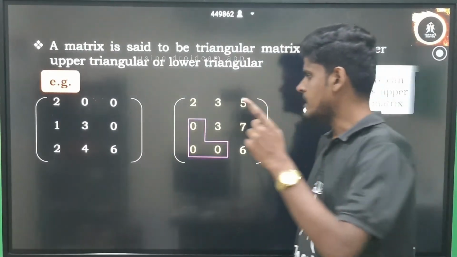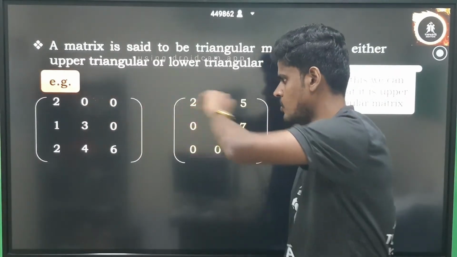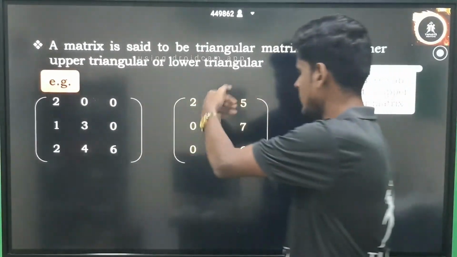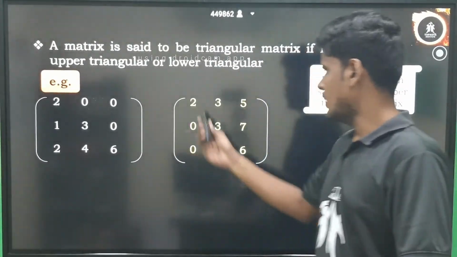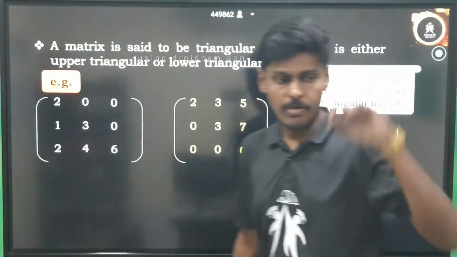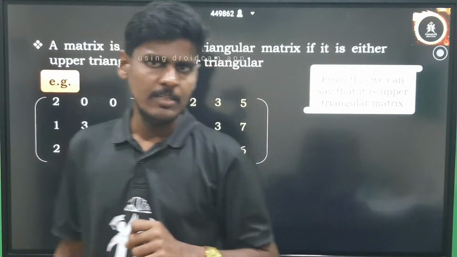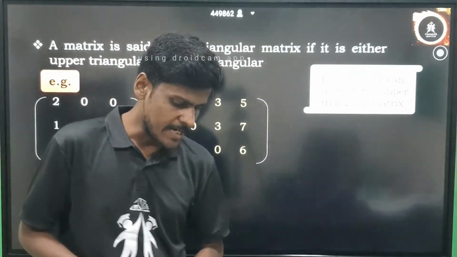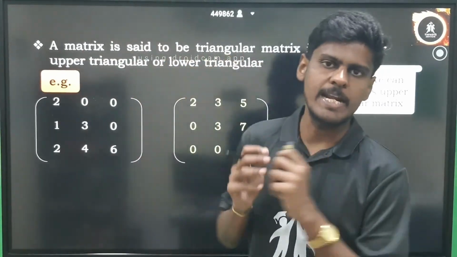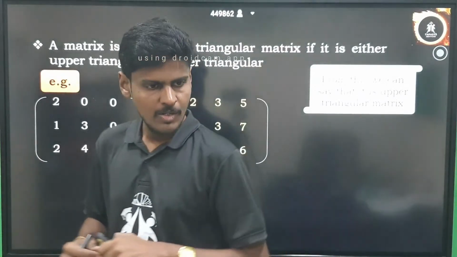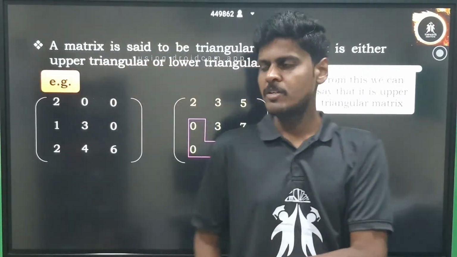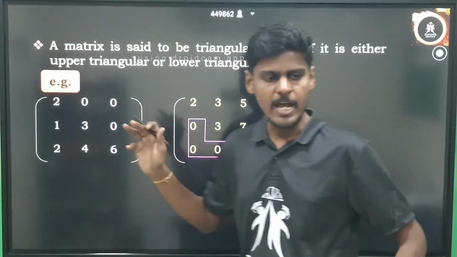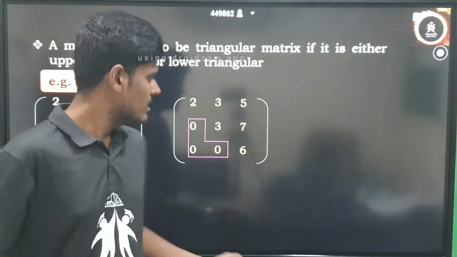Now, what will be the matrix that is both upper as well as lower triangular? Then the elements above the diagonal as well as below the diagonal become 0, which means only the diagonal elements are non-zero. Students, remember, what is the matrix which has all the elements except the diagonal elements as 0? Yes, it is a diagonal matrix. So a diagonal matrix will also be a triangular matrix.